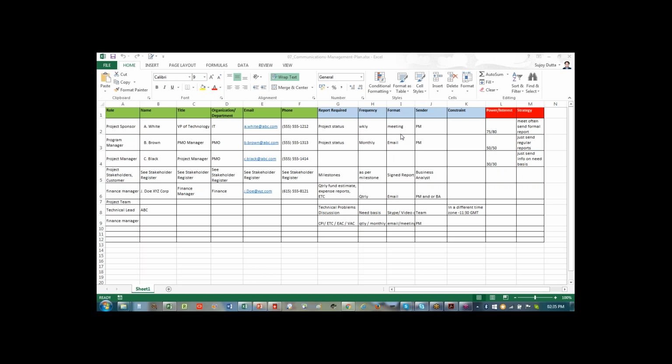Plus, if you are not around, any person who is stepping in for you can use this stakeholder register to look at the communication needs and continue to send the reports on your behalf. That is the advantage of this. This way no client, no user or no stakeholder would be left uncommunicated even in your absence. So you can take care of this.